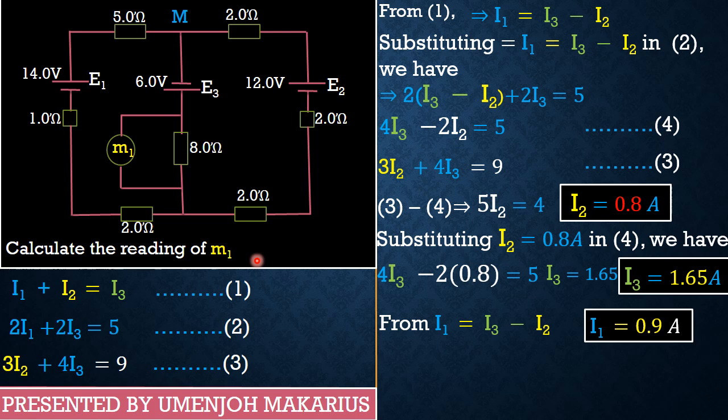Great, guys. In this case, the meter M1 is a voltmeter. Why a voltmeter? Because it is connected in parallel to this 8 ohm resistor. Keep in mind that the voltmeter is always connected in parallel across any circuit combination.